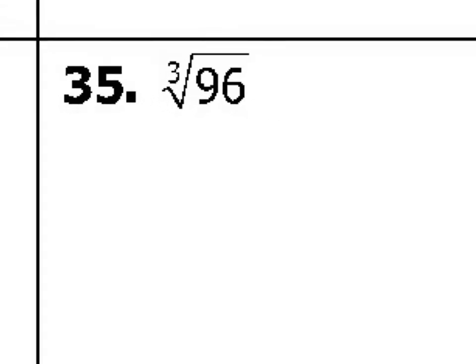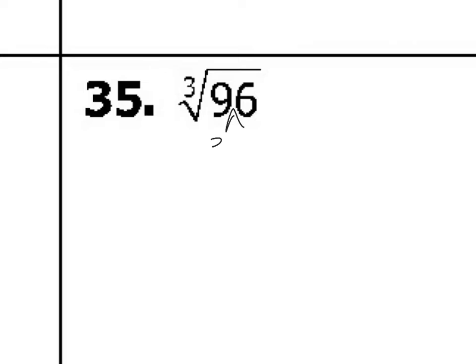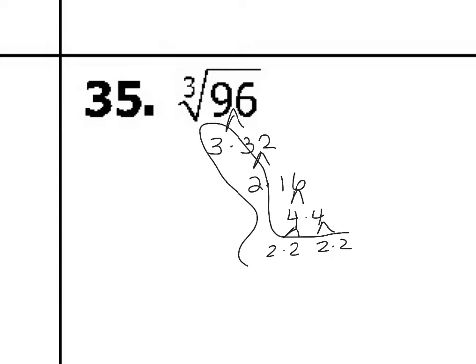All right, 96. 3 times 32. And that'd be 2 times 16, which is 4 times 4, which is 2 times 2, and that's 2 times 2. So I always circle my factor boot there, okay, with all my prime numbers so I won't forget any. All right, so I got a set of 2's that come out, and then I got 2 2's, but I need another one, so I'm out of luck.